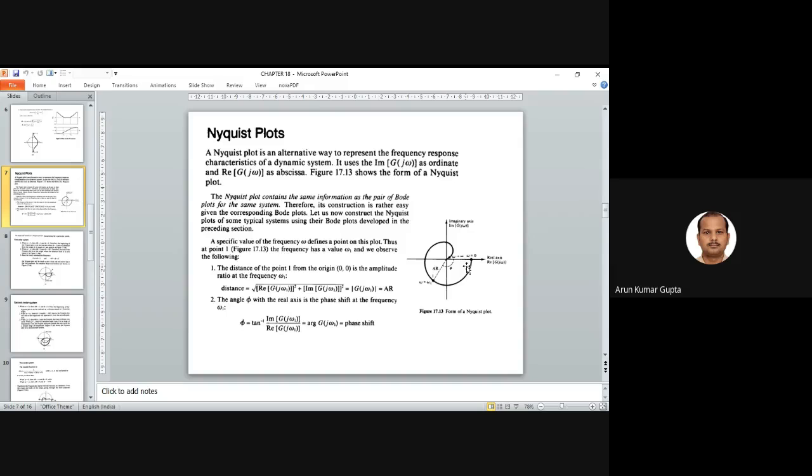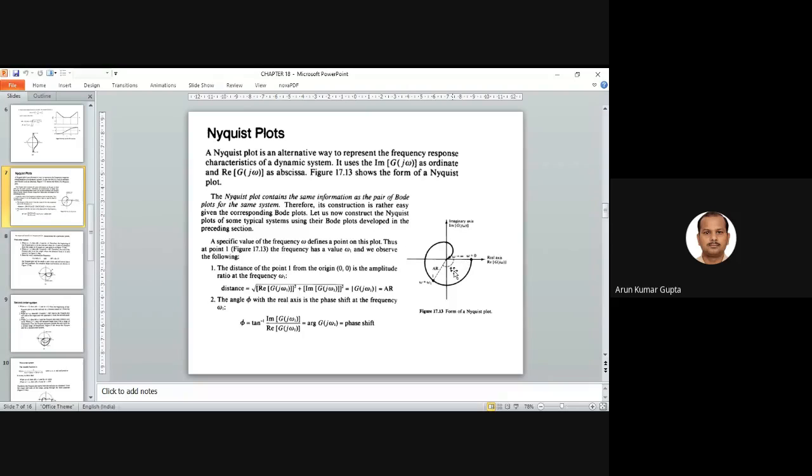Here the distance from the center is shown by the amplitude ratio, and the angle formed in the clockwise direction is known as the phase angle.